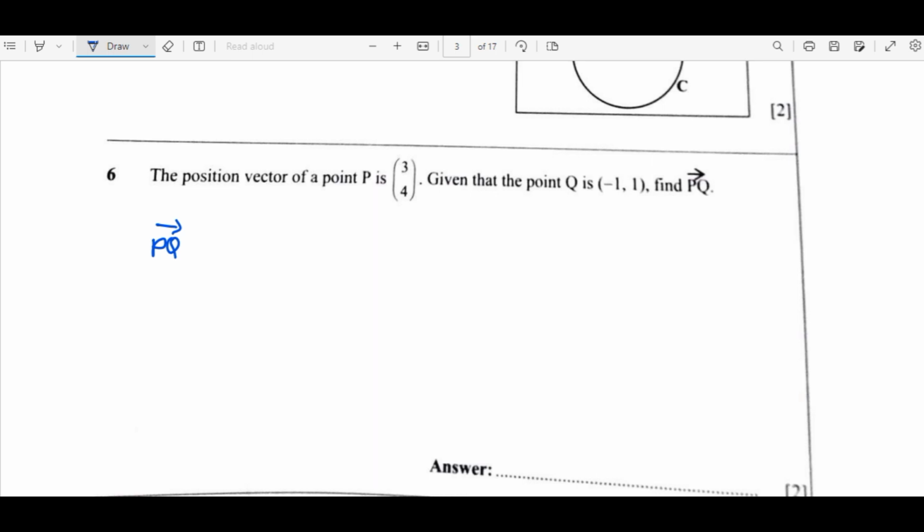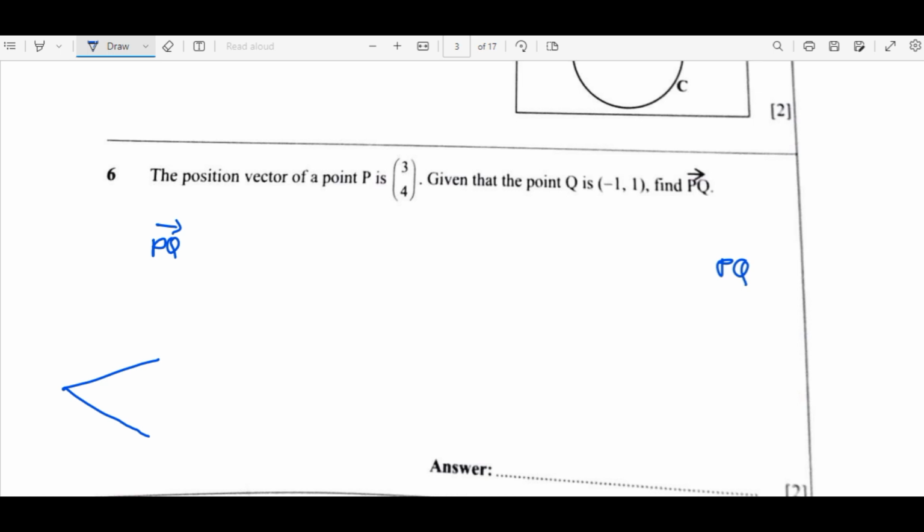So you'd find that a vector is given like this. We are looking at vectors P and Q, so obviously there must be a meeting point where P and Q are meeting. You can put any letter.